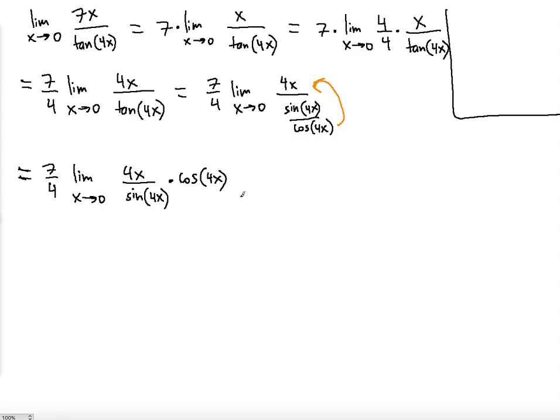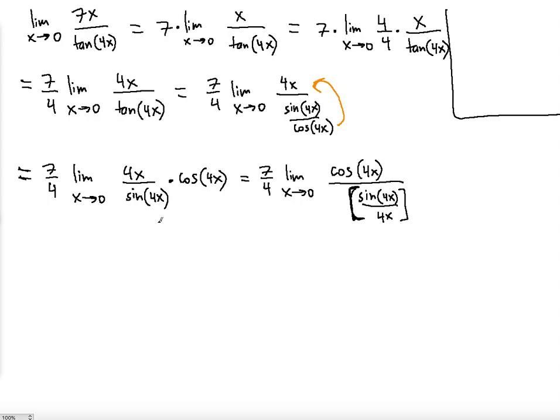So now guess what's going to happen? We can rewrite this as cosine of 4x over sine of 4x over 4x, because this is the equivalent of that.